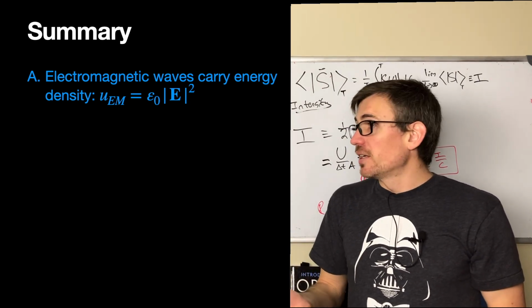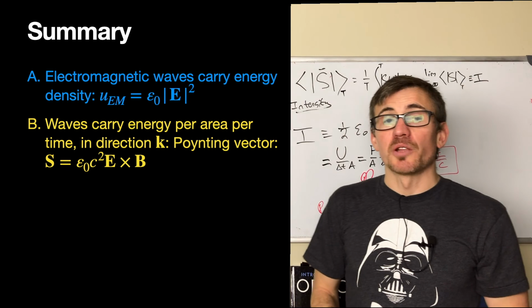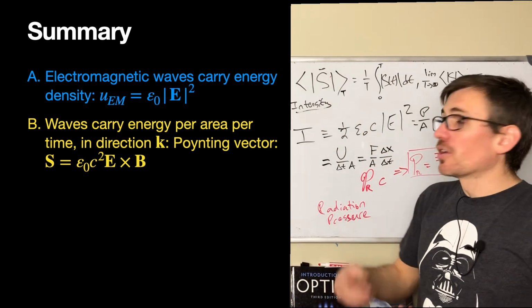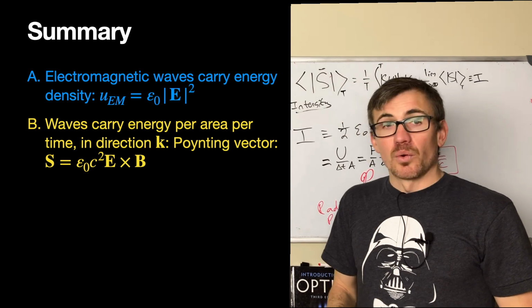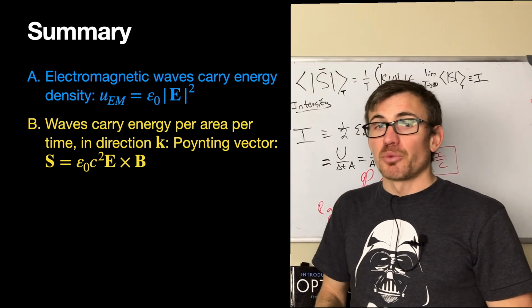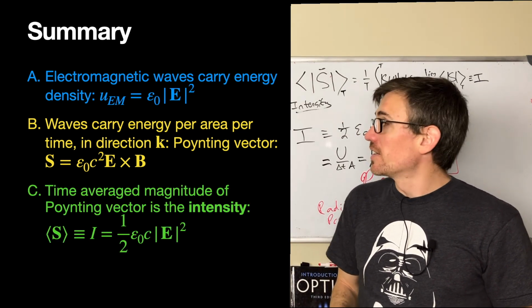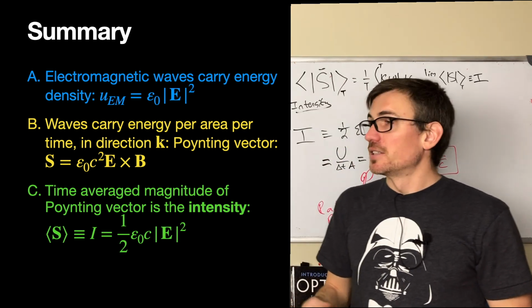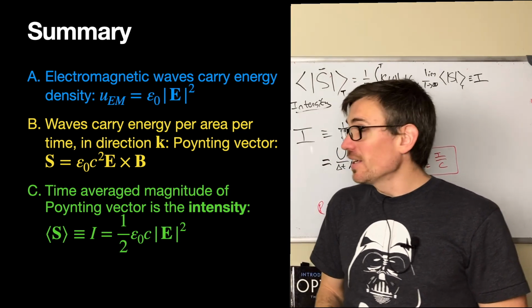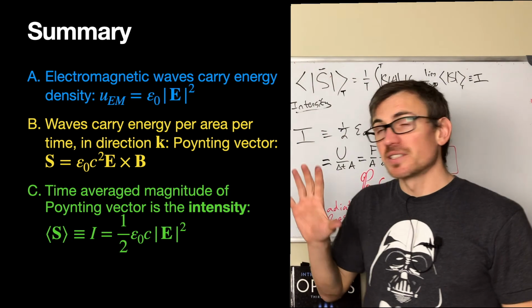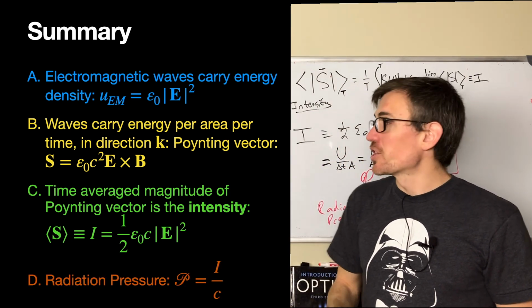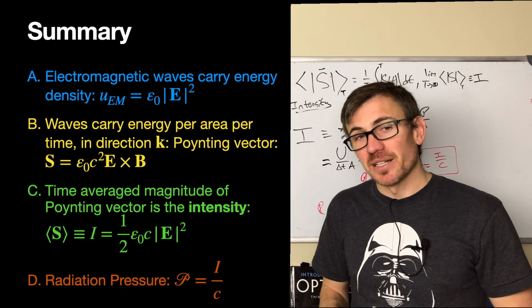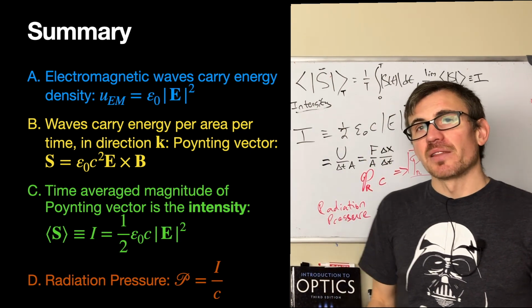So we can quantify that with the so-called Poynting vector, which is epsilon naught times c squared times E cross B. And the time averaged Poynting vector is what we call the intensity, 1/2 epsilon naught c E squared. Finally, another consequence of energy being transported by light is that we have radiation pressure. Physical pressure can be exerted on an object, and the magnitude of that is given by the intensity divided by the speed of light.